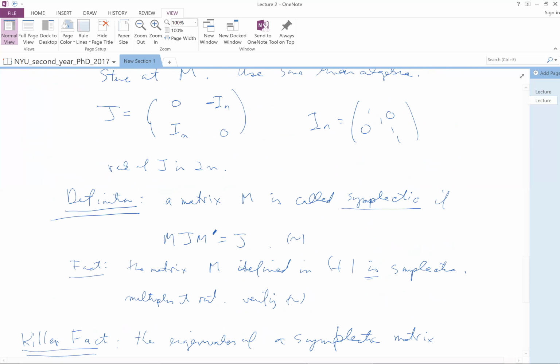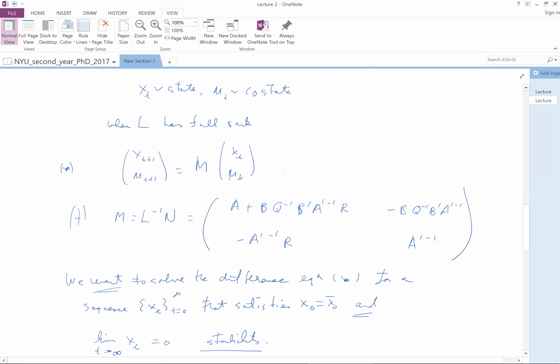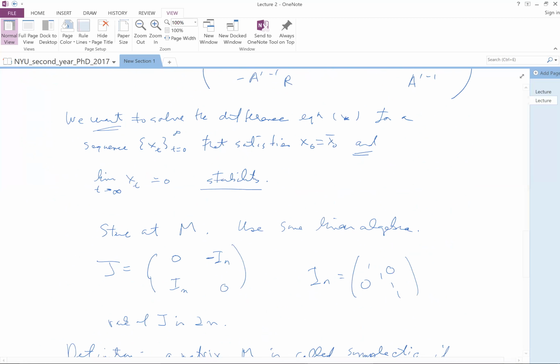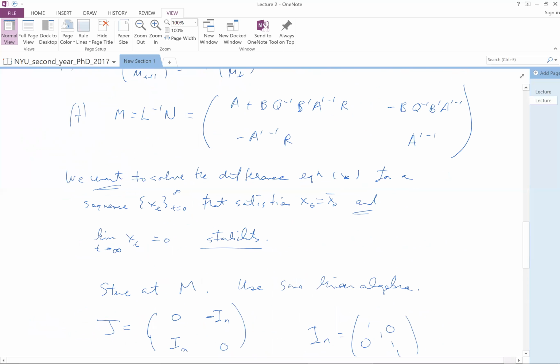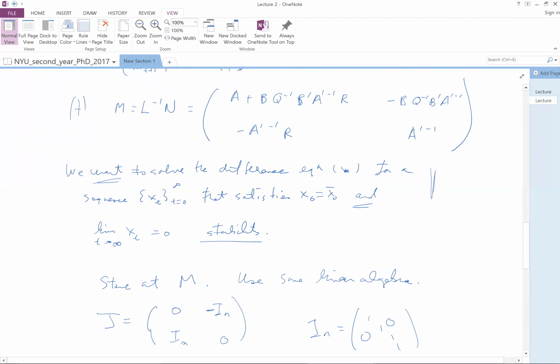We've just rearranged all the first order necessary conditions. Star is just the first order necessary conditions for our dynamic system. And we want to solve it for an optimum. But in our strategy, we want to solve the difference equation star for a sequence that satisfies x0 and that's stable.